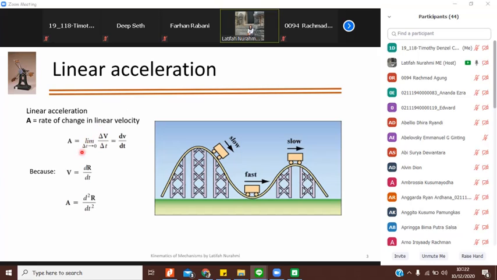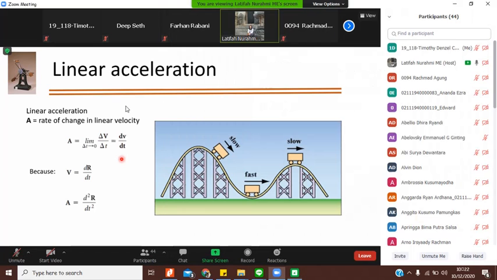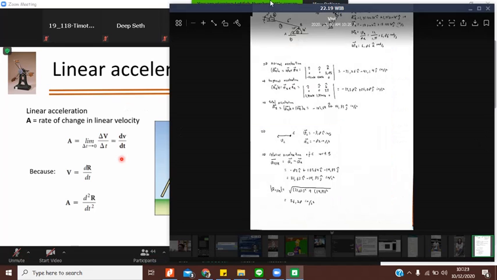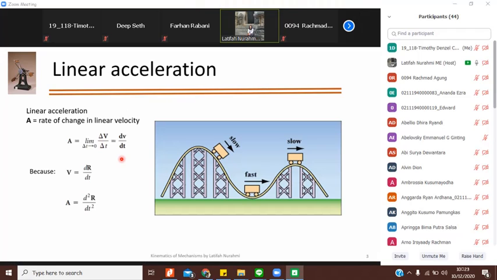So if you use this formula, this is actually the average acceleration. So it actually doesn't apply to this kind of problem.